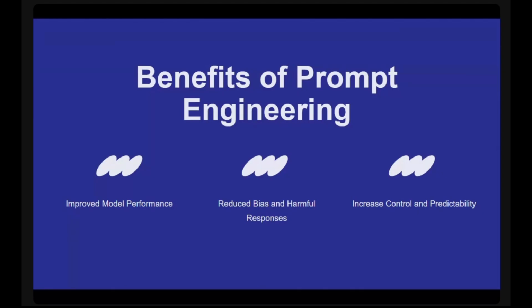The third benefit of prompt engineering is you have all the control. You have all the control of your LLM model. If you go straight to ChatGPT and ask a question without giving any context, without giving any information, it will assume that this is the only information you are going to provide, and it will steer you.